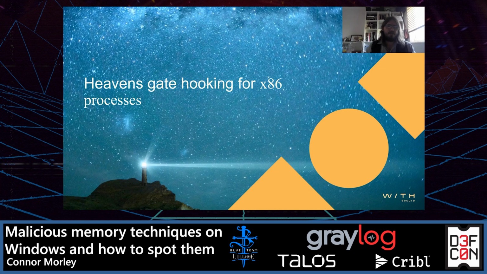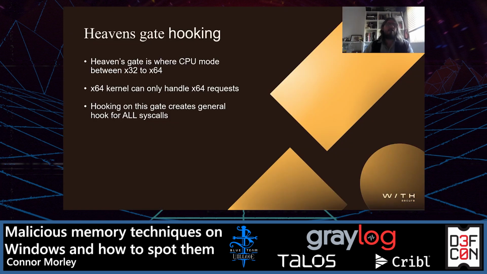So, Heaven's Gate hooking for x86. Heaven's Gate is the element that switches CPU modes between x32 and x64 when you're using WoW64, or for x86 processors. The reason that this occurs is because if you have an x32 process running on an x64 host, the x64 host obviously only has an x64 kernel.